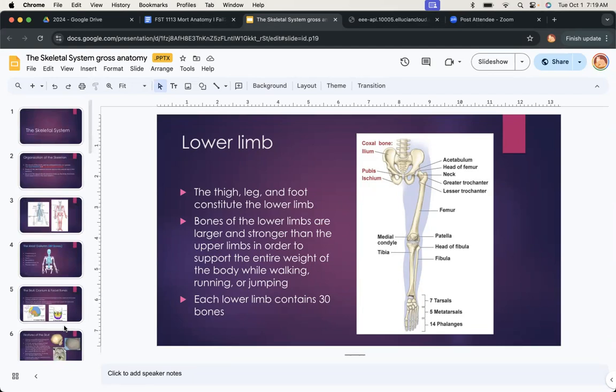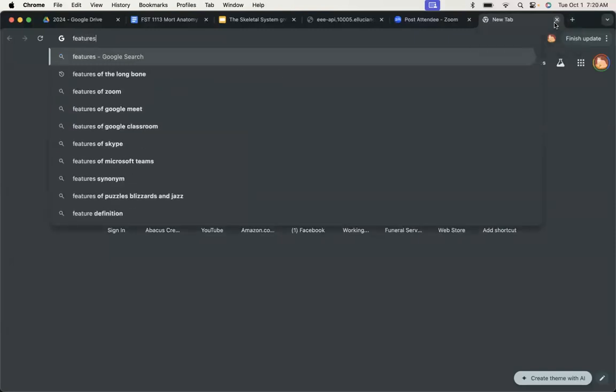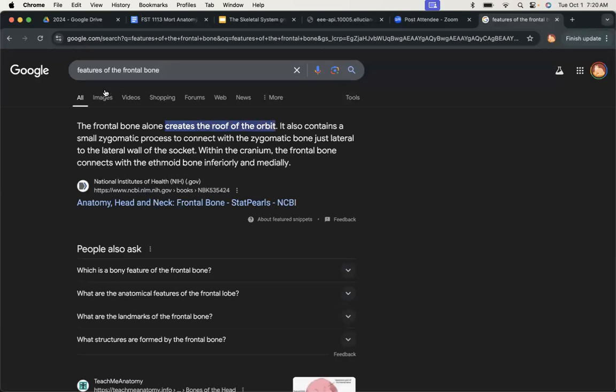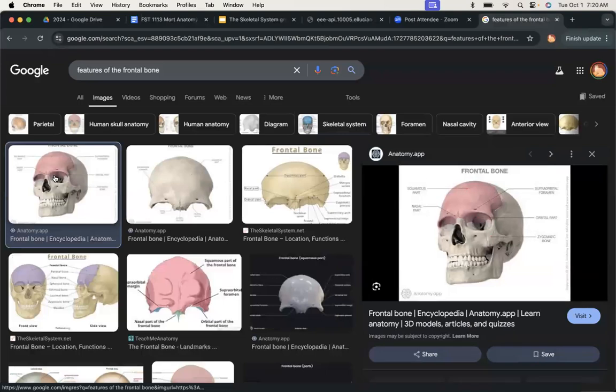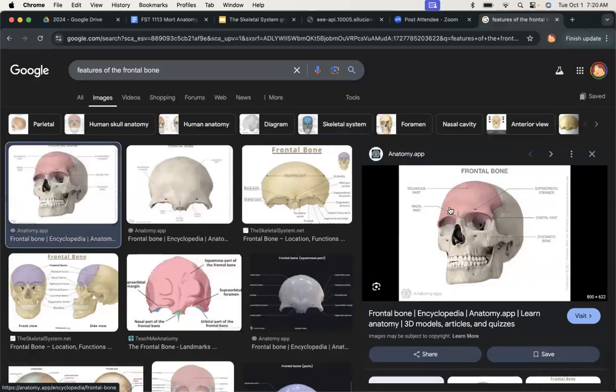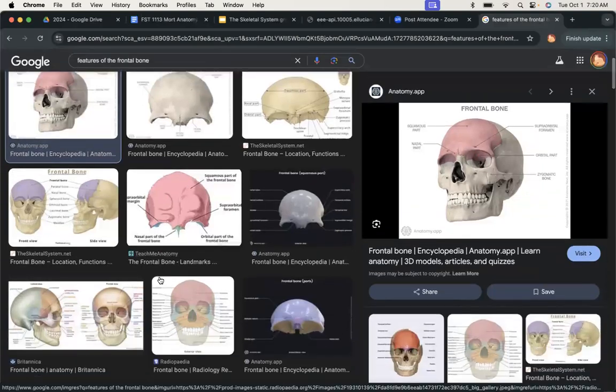So let's see. For the frontal bone, features of the frontal bone, let me just pull up an image real quick. The different bony features. Okay. Well, right here you can see the orbital foramen.